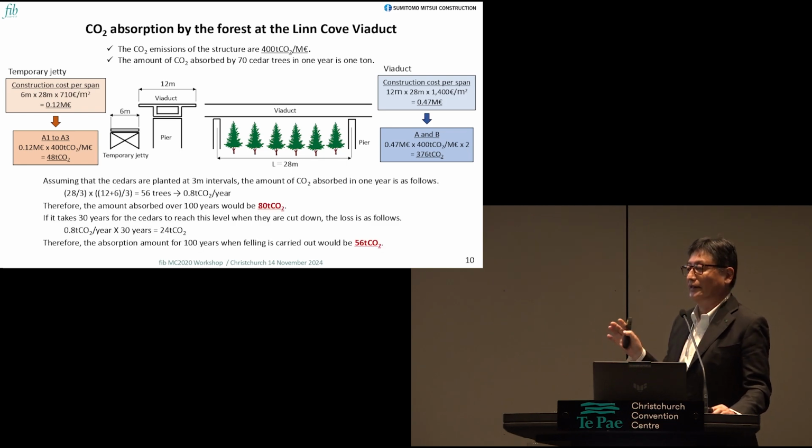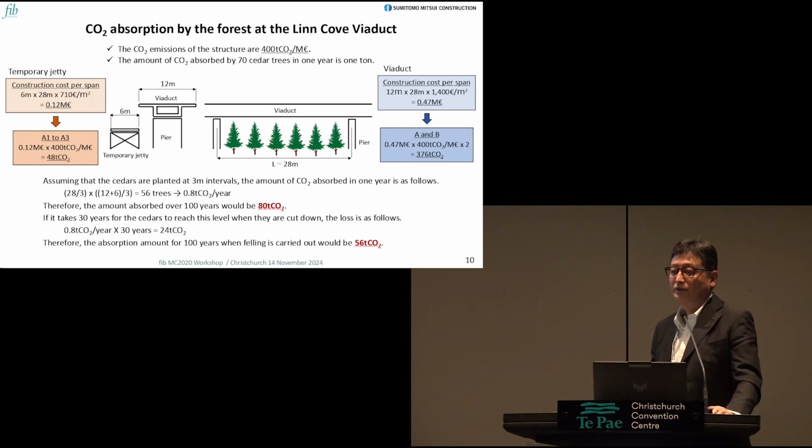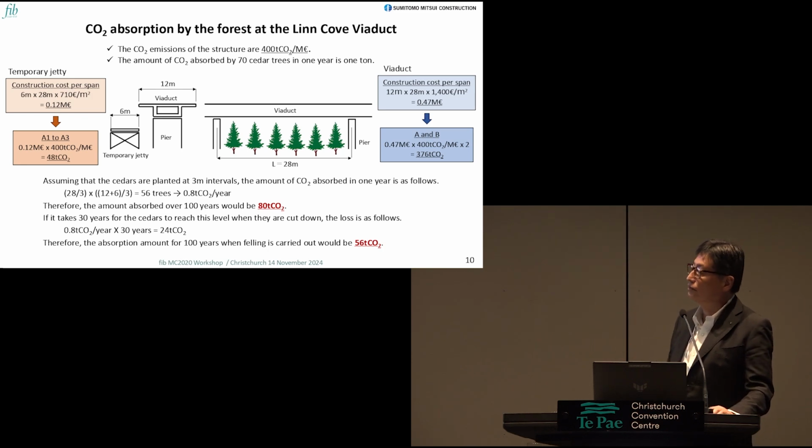So if these trees are cedar, I don't know the real situation, but assuming cedar, 0.8 tons of CO2 per year are absorbed by trees. So in a 100 years service life it is going to be 80 tons, and if the tree is cut, the loss of CO2 is about 24, because it takes 24 years for a tree to grow up.